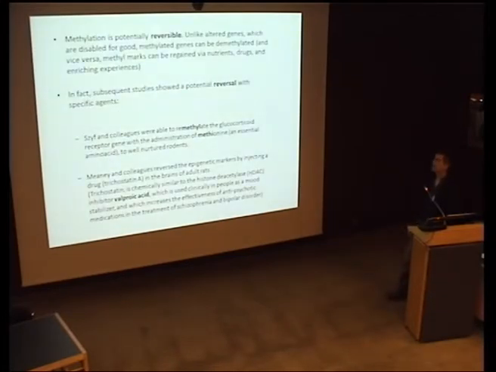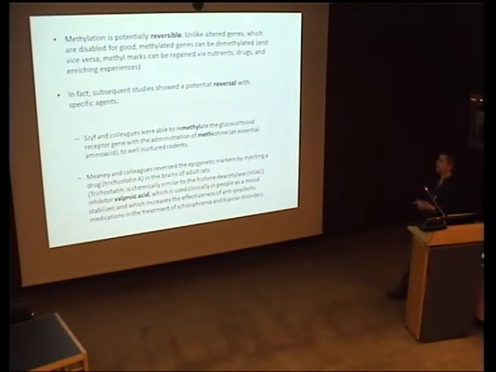But they also showed that the dysmethylation that occurred is potentially reversible. Unlike altered genes, which are disabled for good, methylated genes can be demethylated, and vice versa. Methyl marks can be regained via nutrients, drugs, and enriching experience.